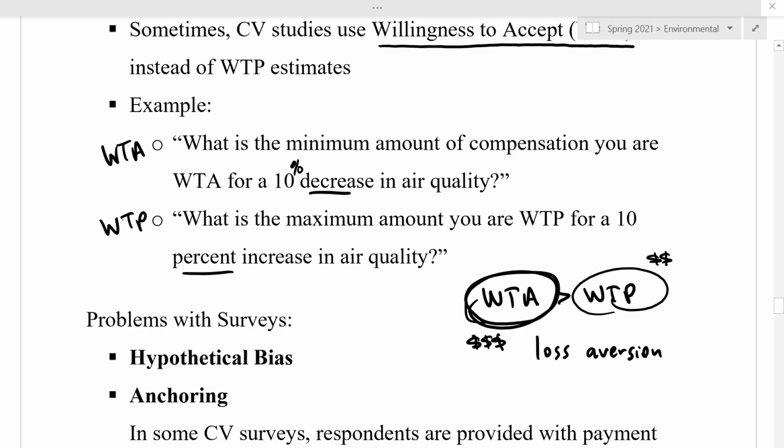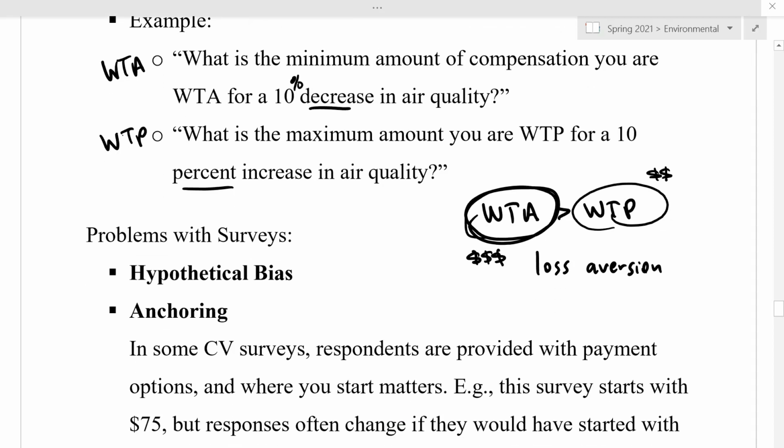And that's why economists are going to prefer the revealed preference techniques to the stated preference techniques, because if you ask people what they want or how much they value something, people can say anything. And that leads to these other problems.